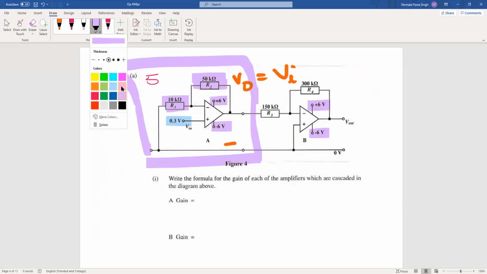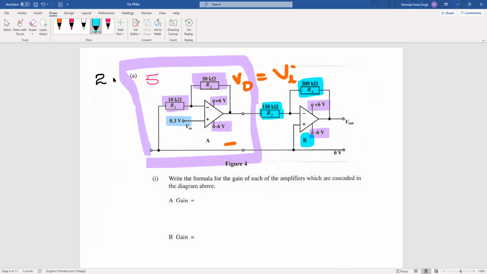Even in the second one, we could work out our gain quickly. If the input resistor for our second circuit, circuit B, is 150, and the feedback resistor is 300 kilo ohms, somebody quickly do some mental maths. What is the gain of the second circuit?